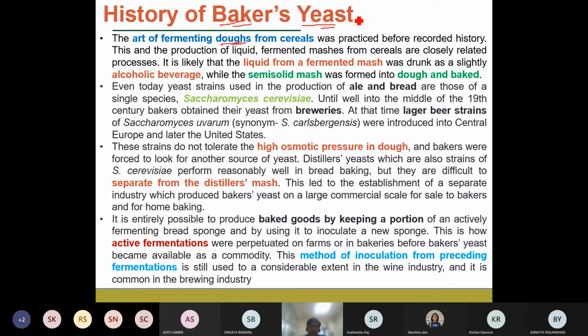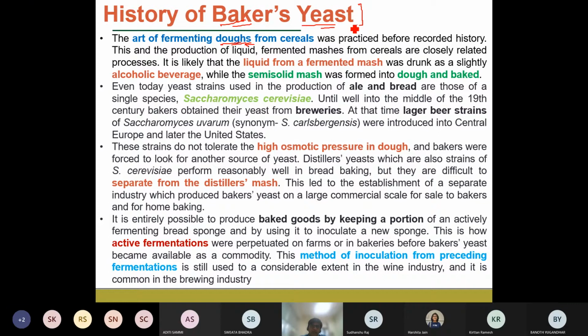But that simple understanding of how yeast can be used, for example in doughs or in the making of cakes or breads, to bring the fluffy nature to it, has evolved, and down the line it became an industrial product.